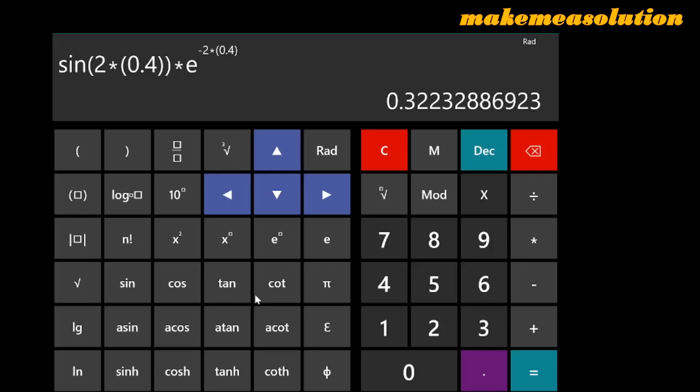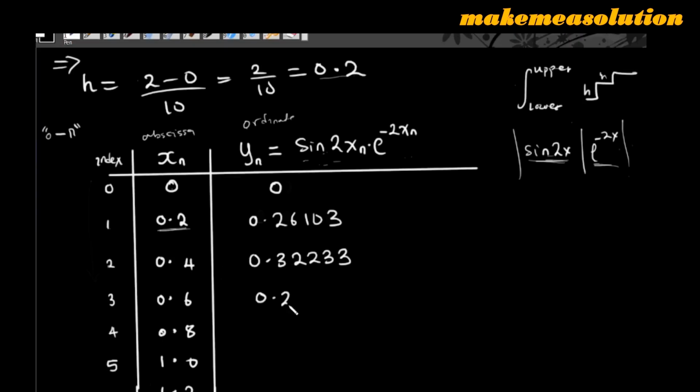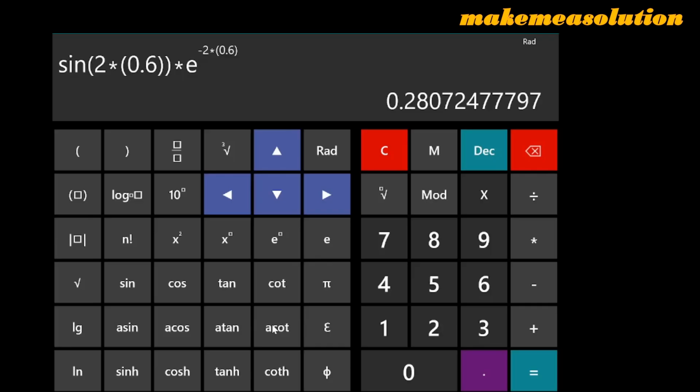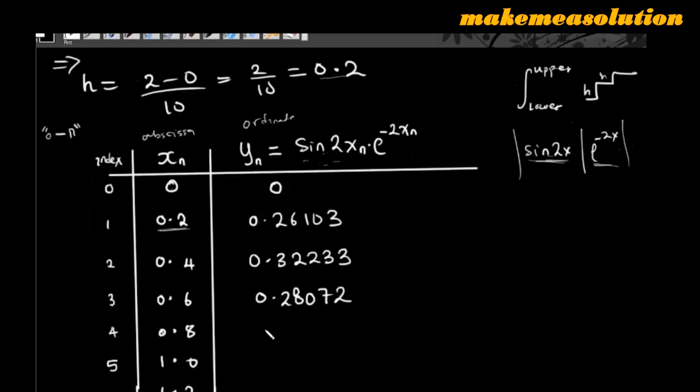Then for 0.6, we are going to get 0.28072. Then for 0.8, you're going to get 0.20181.